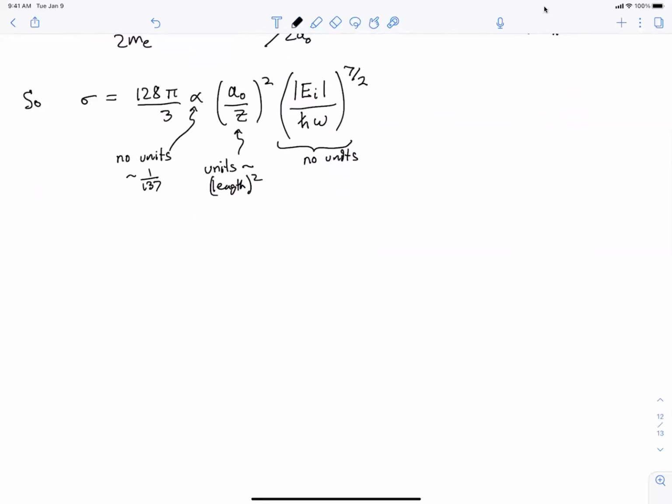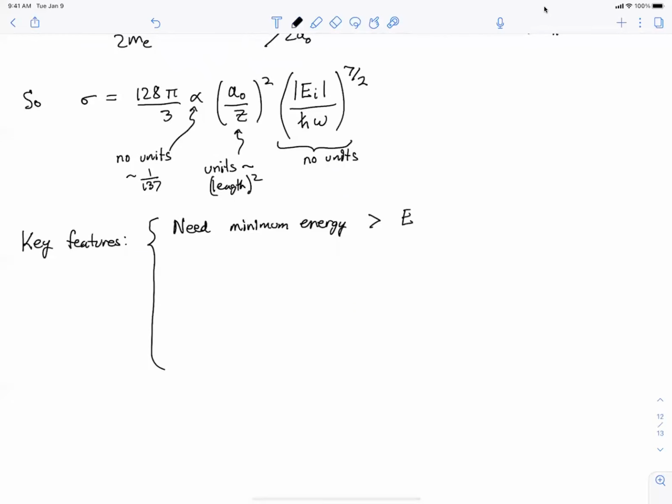Okay, and so this is a fairly famous formula. The key features of it are, first of all, we haven't mentioned it in a while, but you need a minimum energy. That was the delta function. So the energy has to be larger than E bound. Once it's above that energy, it decreases for large energy like energy to the 7/2. That's the h bar omega.